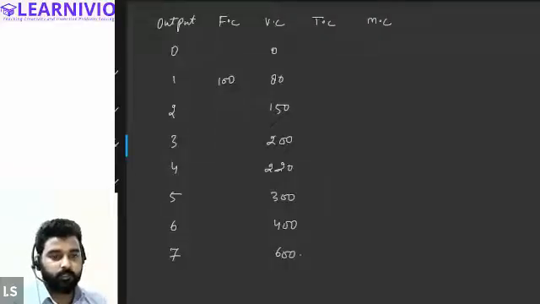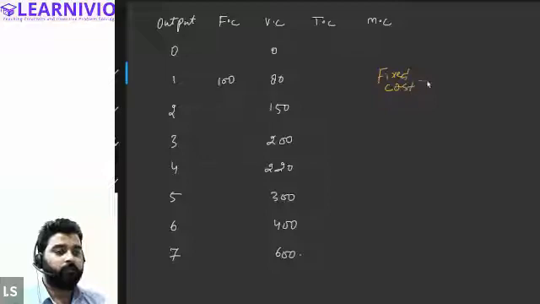See, Sakshi, you know what is fixed cost? Fixed cost is the amount spent on fixed factors of production, right? And one of the characteristics of the fixed cost is that it always remains constant.